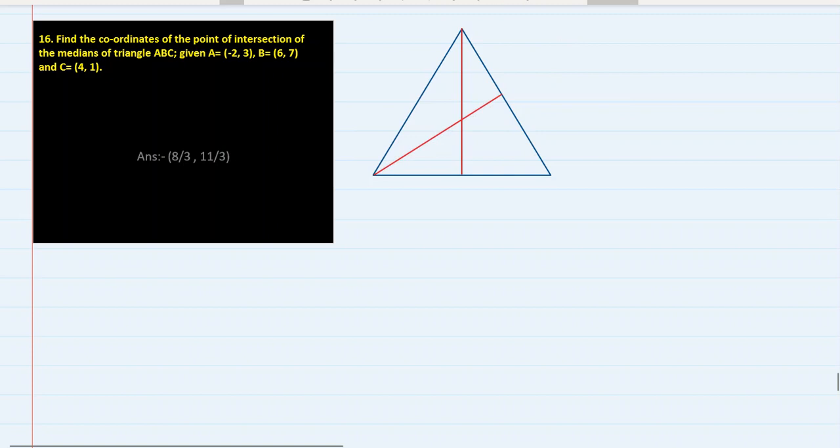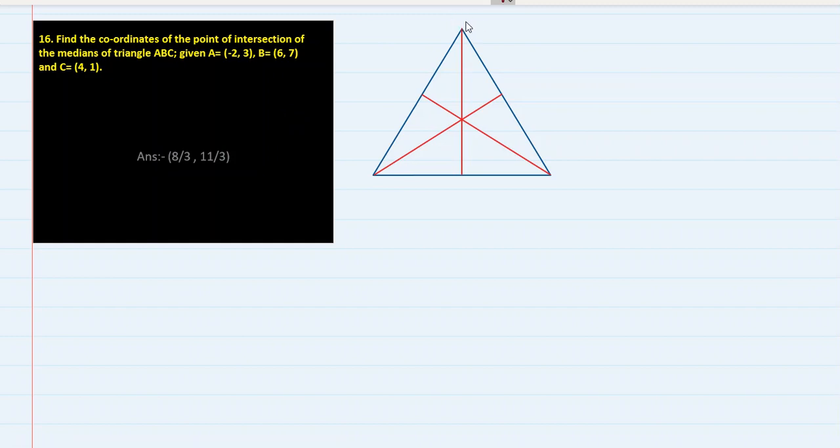And the third median would be over here. Now we already know what a median is, right? We have done a question involving a median. So there is no question about what a median is. But this question is not only about the median. This question is about the point of intersection of the medians. We have to find that.